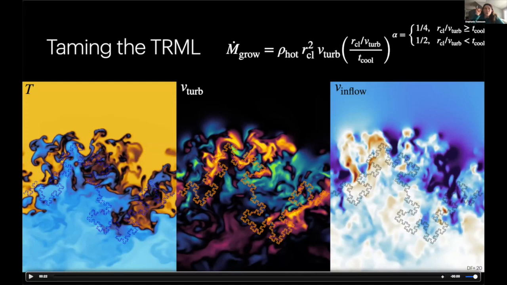So in the simplest frame of this model, as long as I'm above, I don't know, half a kiloparsec or something like this, I'm going to keep growing. So where are these monstrous cold clouds?